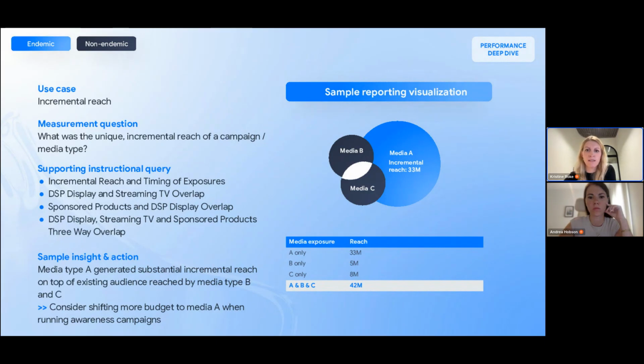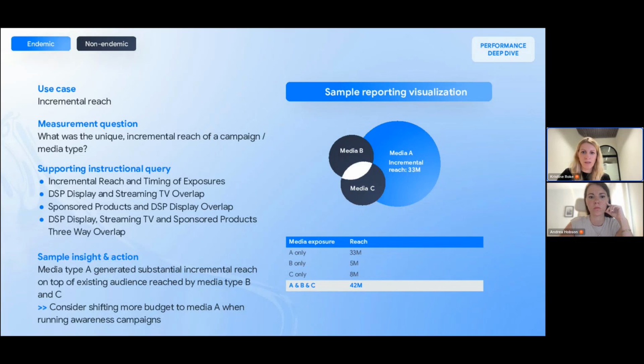And here we can easily measure this overlap, whether between DSP display, sponsored products, or streaming TV campaigns. And the goal is to try to understand how channels reinforce each other and where each one truly expands the audience. From a practical standpoint, this insight directly guides budget optimization.